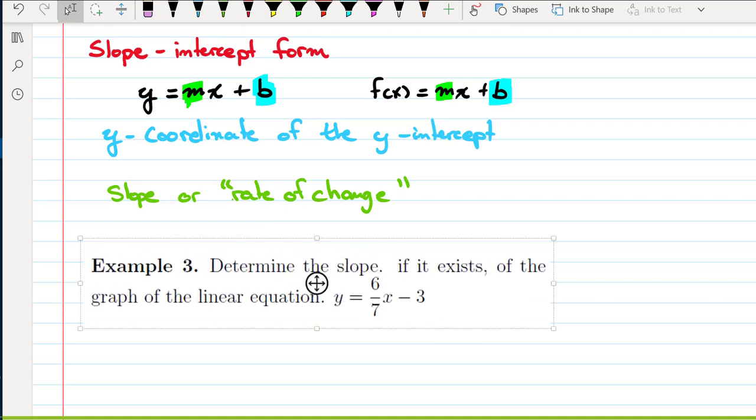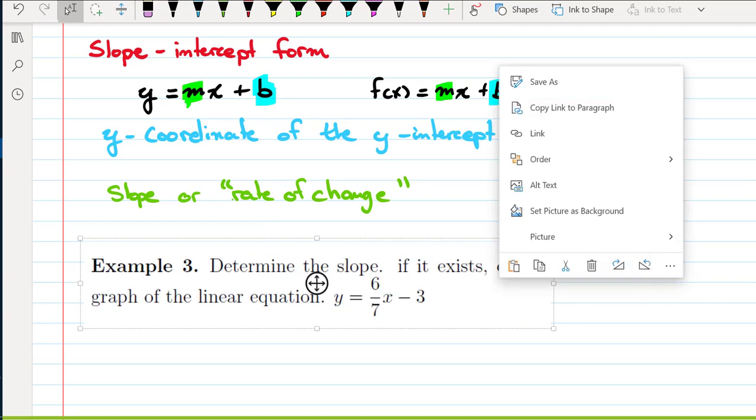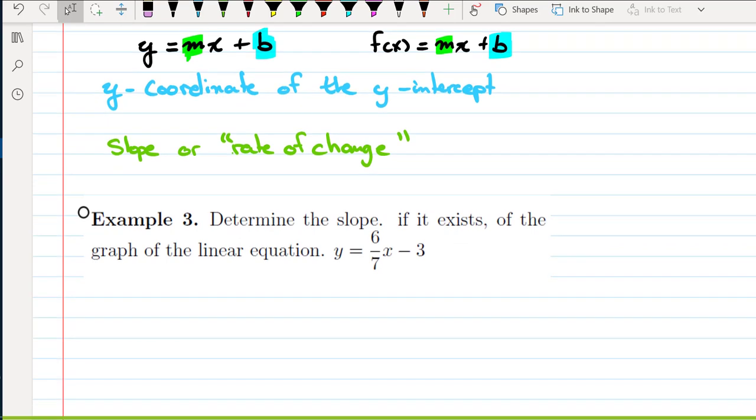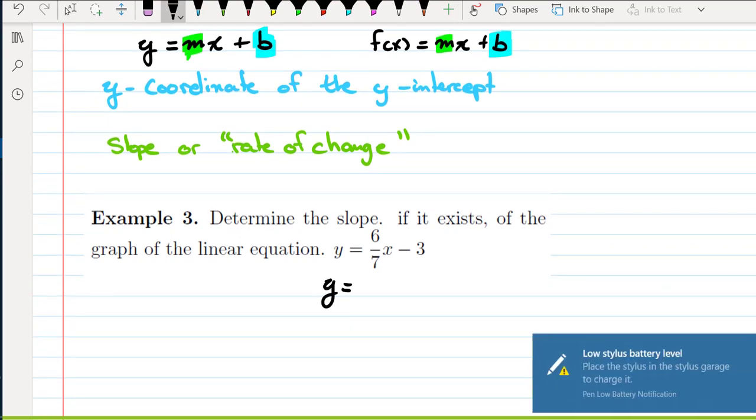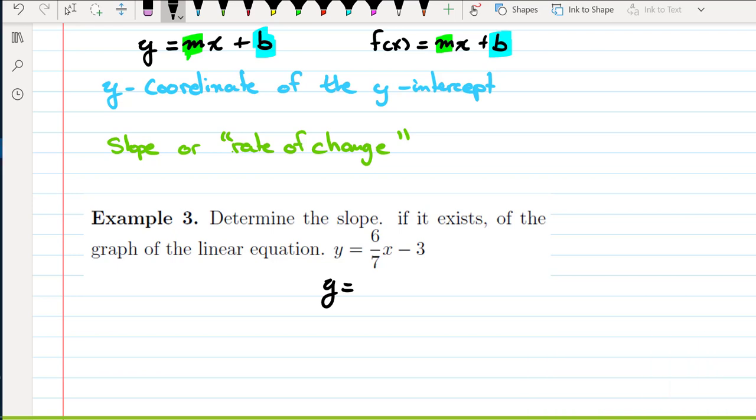So in our next example, it says determine the slope, if it exists, of the graph of the linear equation. So we want to compare that to y equals mx plus b. So we look at our slope, and we compare the coefficient on the x here.